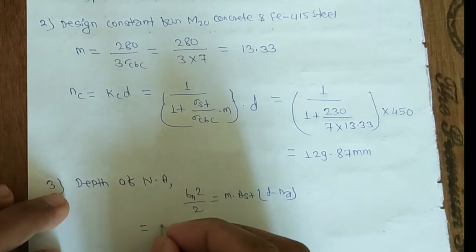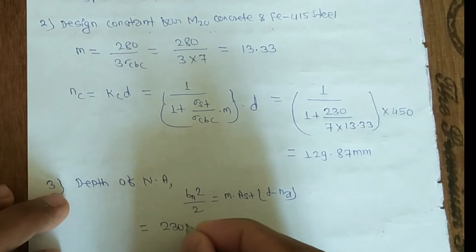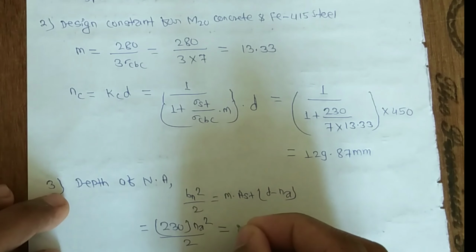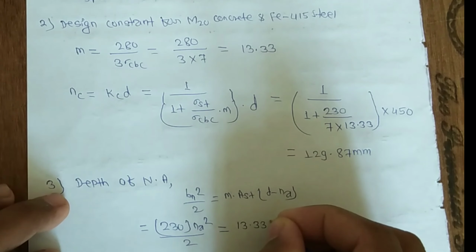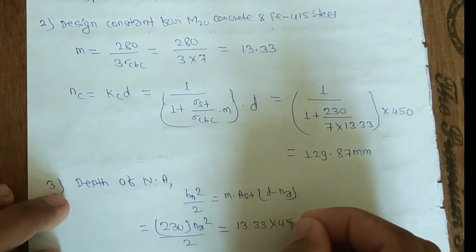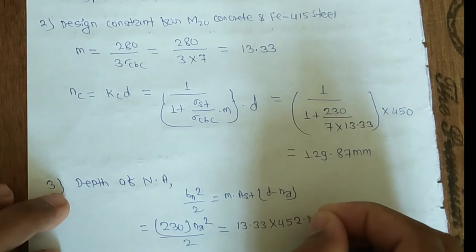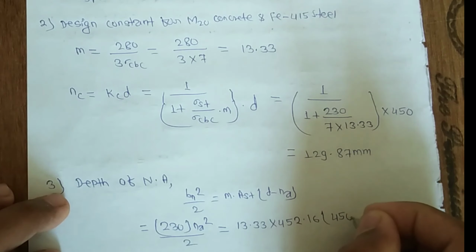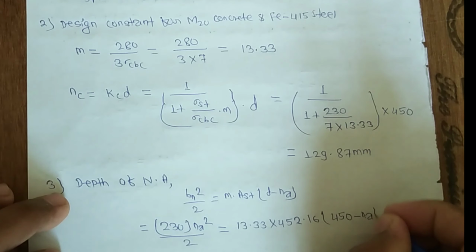Here b is given as 230. So 230 na square divided by 2 is equal to m, which we calculated as 13.33, into the area of steel 452.16, into d, which we calculated as 450, minus na, which we have to calculate.